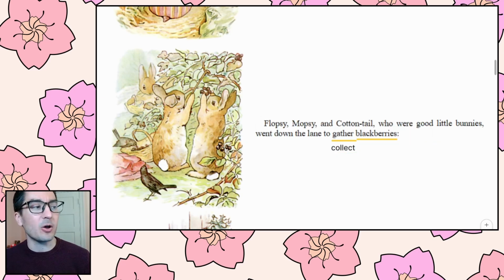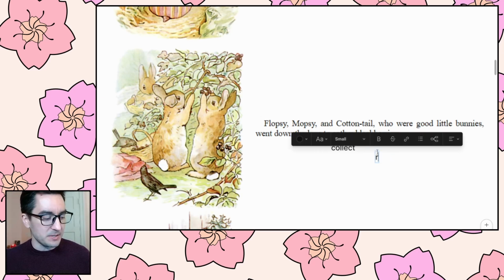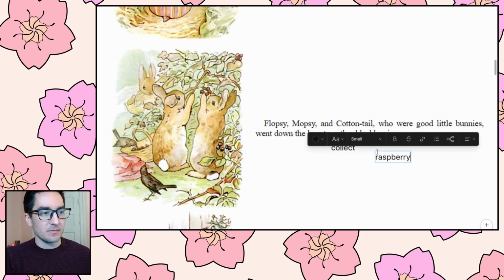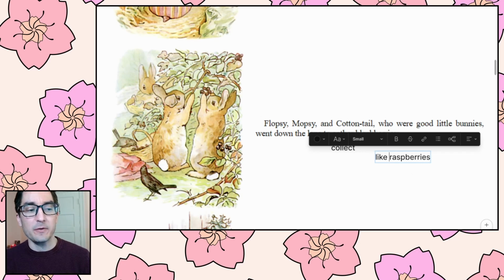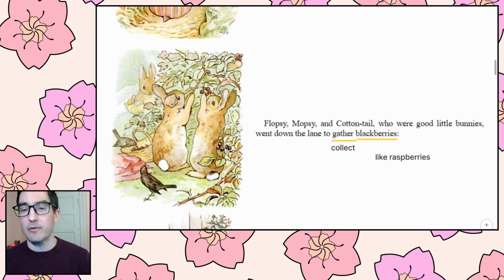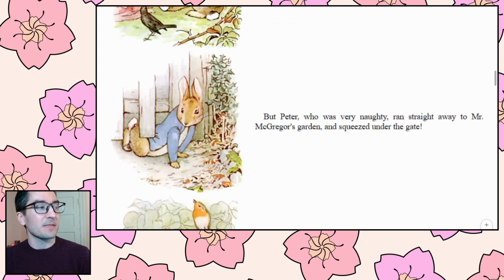And they're called blackberries. Blackberries look like raspberries, but they are black. I don't know if you've ever had them or seen them before, but they look just like raspberries, but they're just black colored. They're really delicious. I like blackberries. So those 3 good rabbits went to collect blackberries.